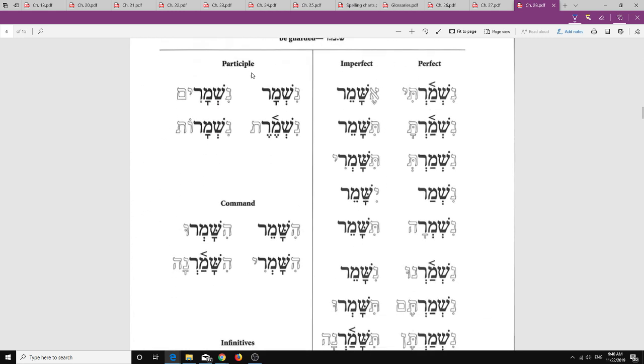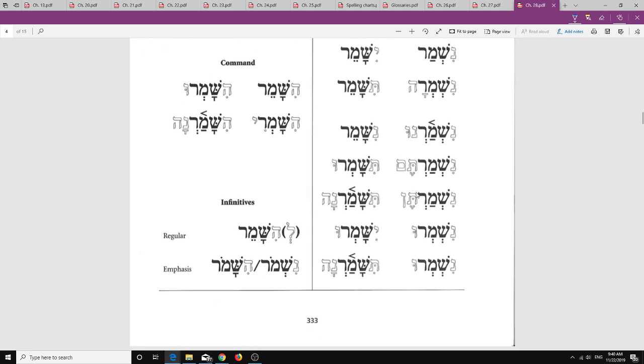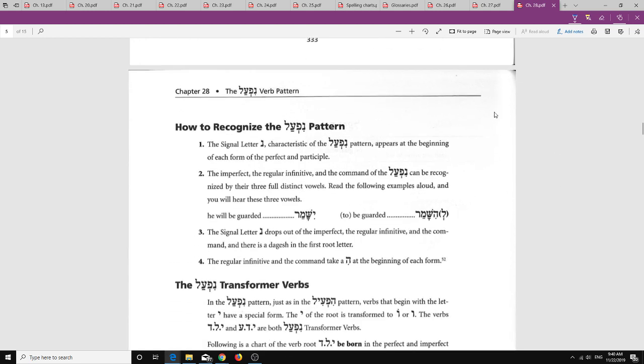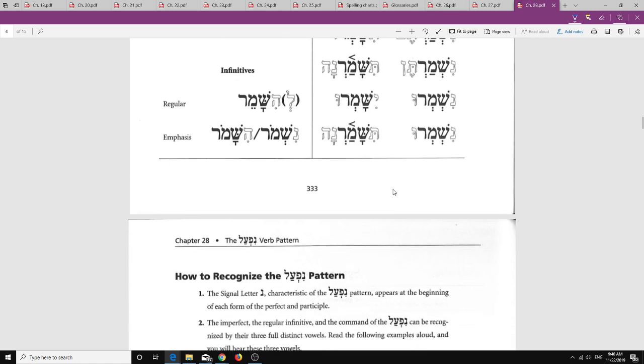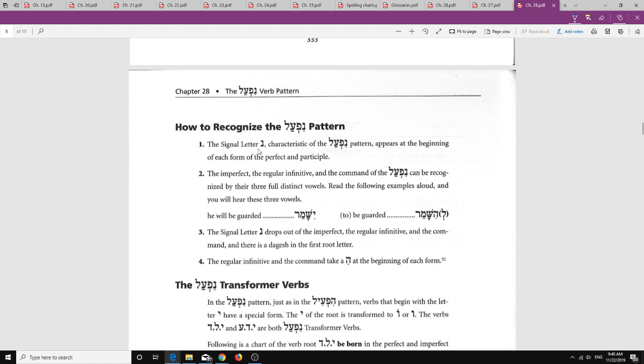I want to skip this chart for just a moment, and I think it will be more helpful to see these four diagnostic features of the niphal and then come back to this chart so that we can see them at play. Number one is obviously the signal letter nun out front. It makes it fairly obvious what's going on in the niphal.